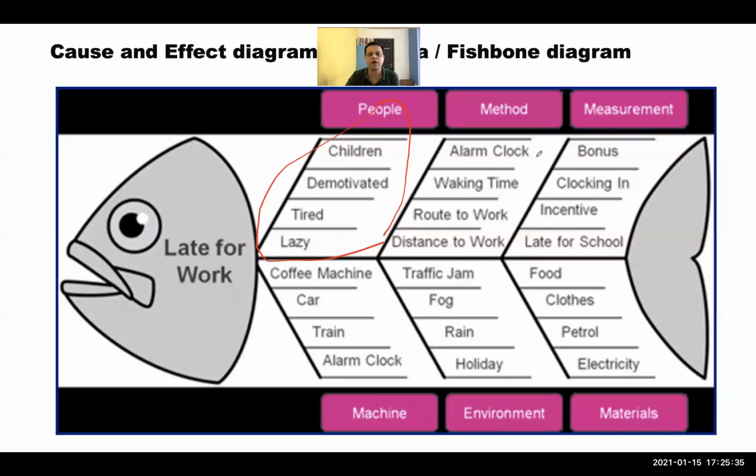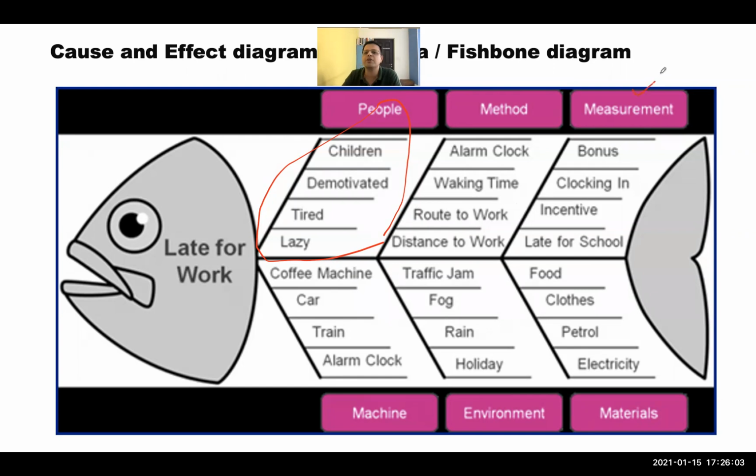Maybe the alarm clock didn't work, the walking time is too long, the route to work is very packed, or the distance to work is very far away. Imagine somebody living in Electronic City in Bangalore, if you're familiar with Bangalore, who needs to work in Manyata Tech Park, near Hebbal. The distance is 30 kilometers, but it's packed with traffic. In spite of the best efforts, he's likely to come late.